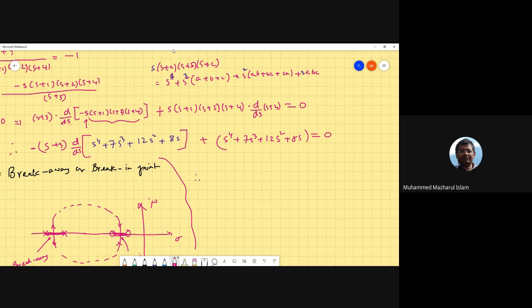And you can take care of the minus sign by bringing it to the right side of the equals sign. So s to the power 4 plus 7s cube plus 12s square plus 8s will be equal to s plus 3 into the differentiated polynomial, which yields 4s cube plus 21s square plus 24s plus 8, right?